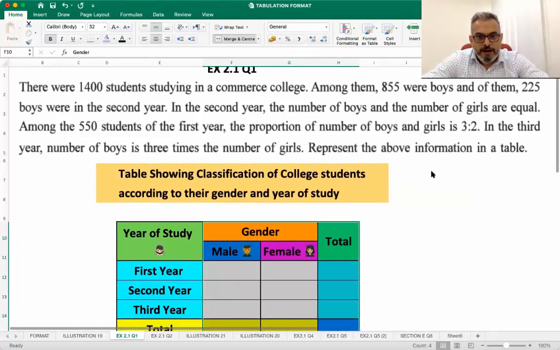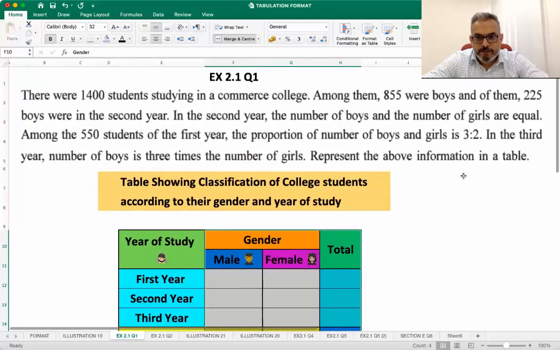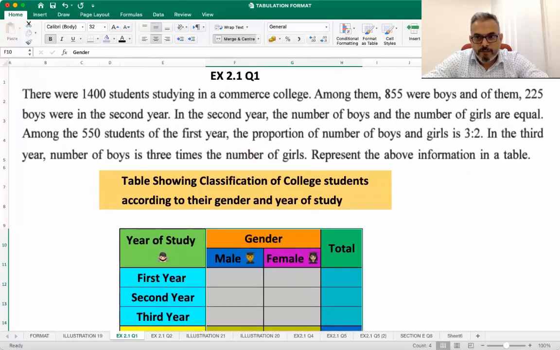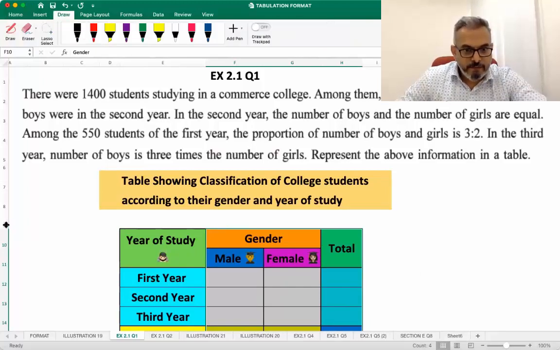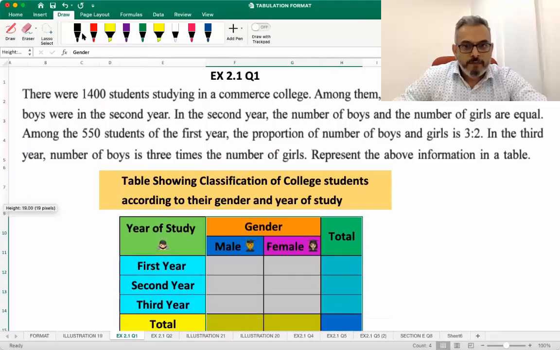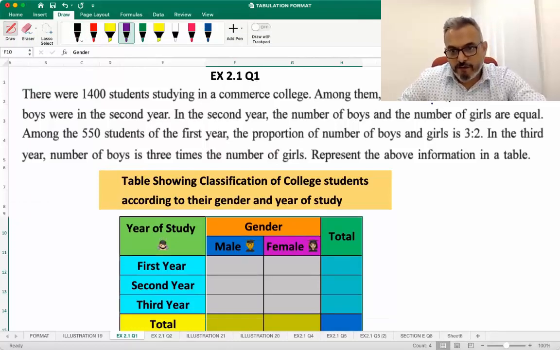Now, let's read it first. There are 1400 students studying in Commerce College. Among them, 855 were boys. So one of the attributes is gender, boys.